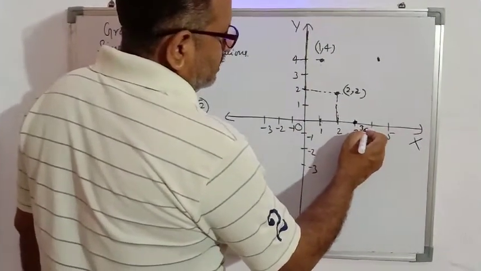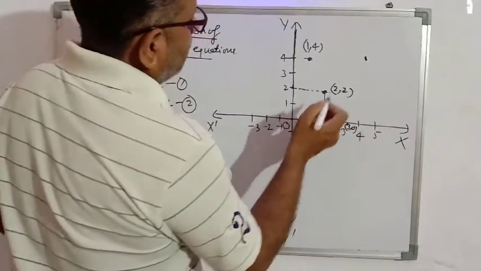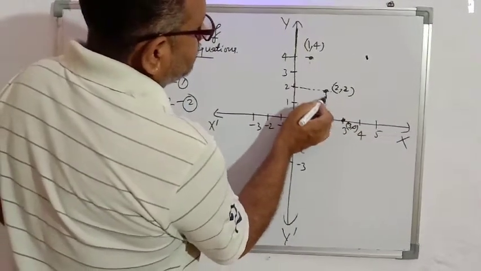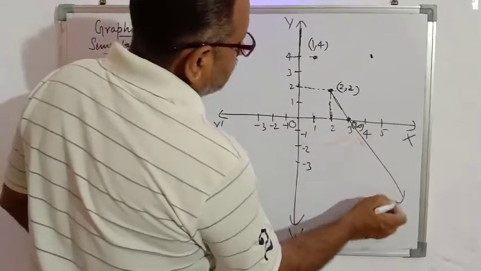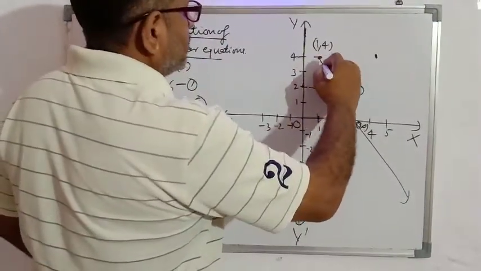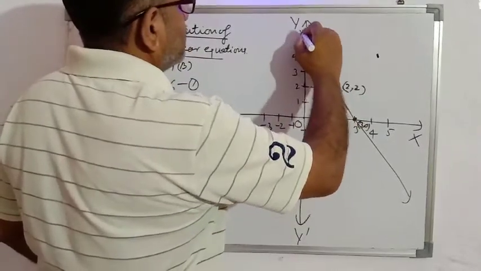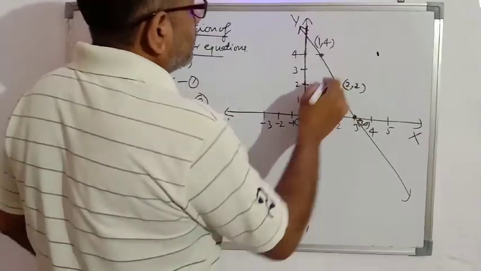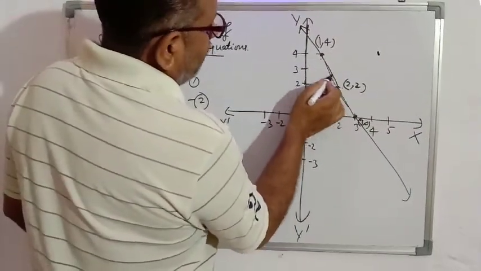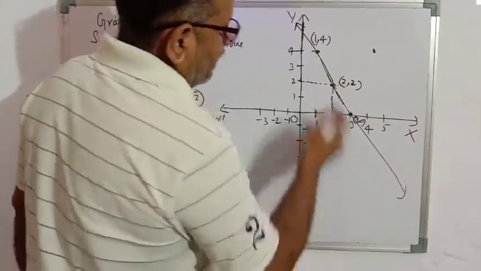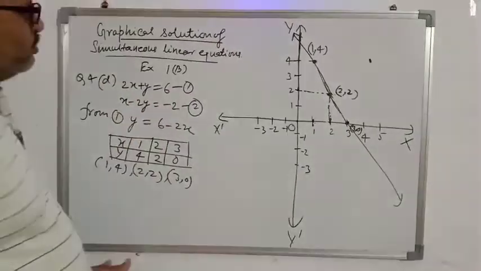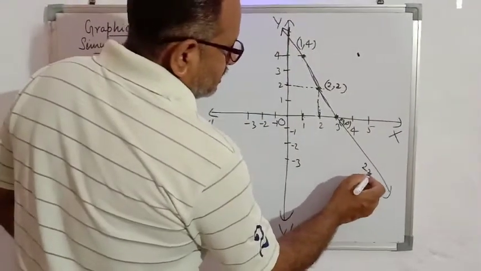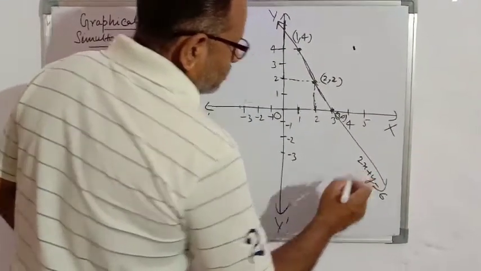This point is 3, 0. We have to join these points. Join these three points with the help of a scale and write the equation of the line: 2x plus y is equal to 6.